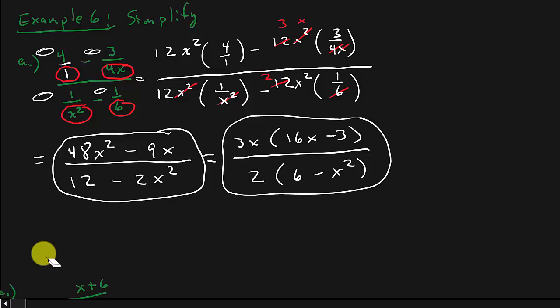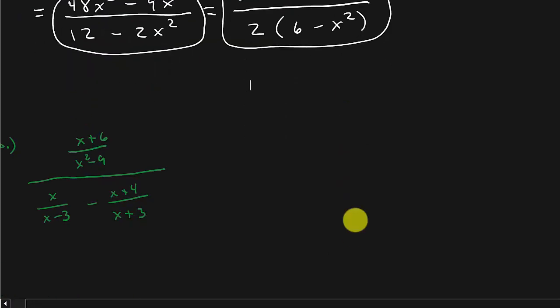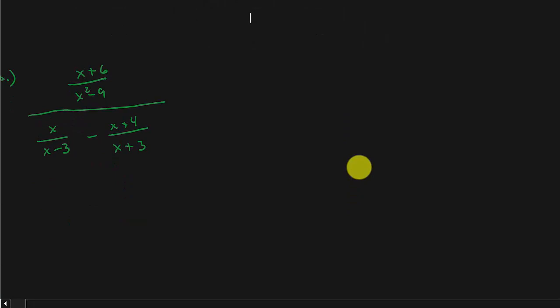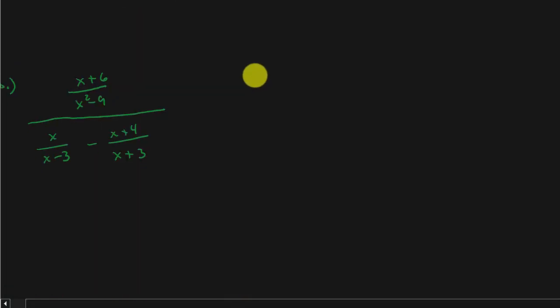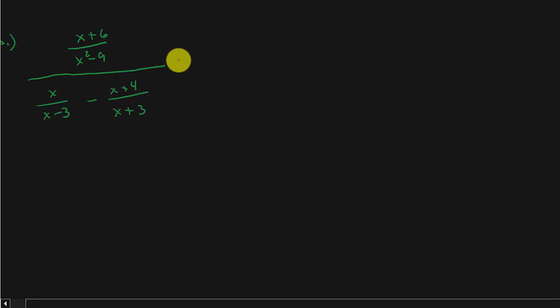All right, so let's look at this next one. First thing I want to do to solve this one is, well, I'm going to solve it the same way I did this one up here, but I notice here that I've got x plus 6.